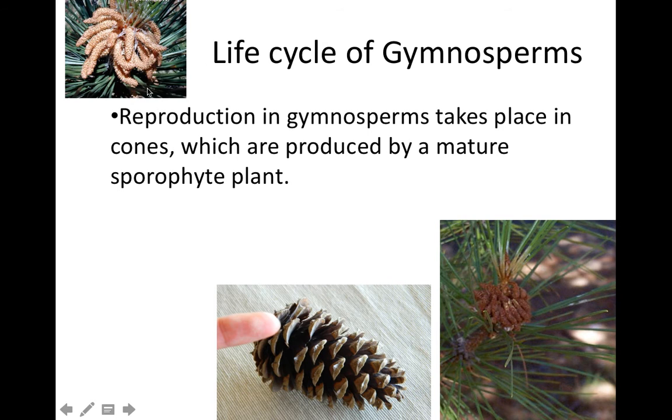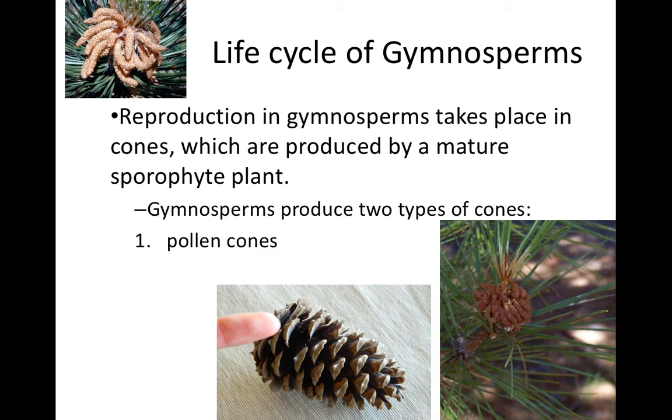So here you can see two types of cones. There are pollen cones, and they're usually smaller. Their scales are very small as well. And then you have the larger and more commonly recognized type of cones, which are the seed cones that you see here.